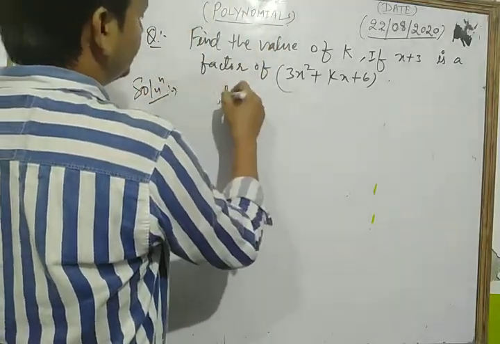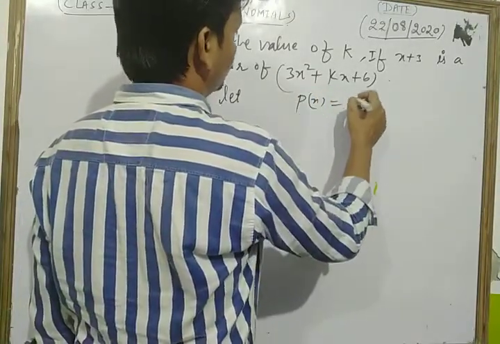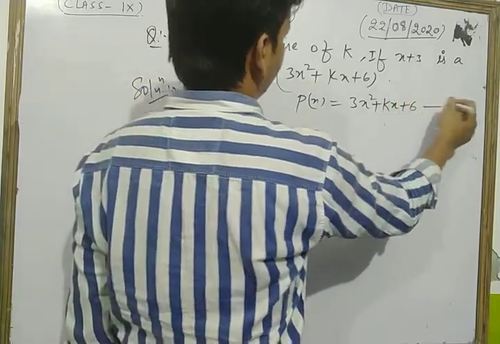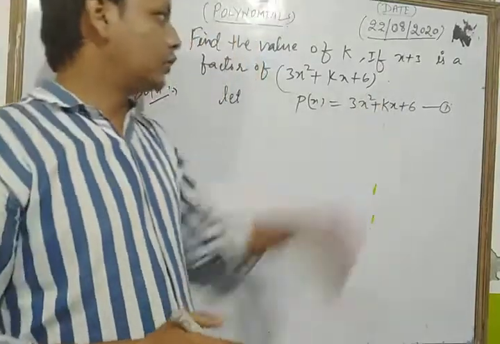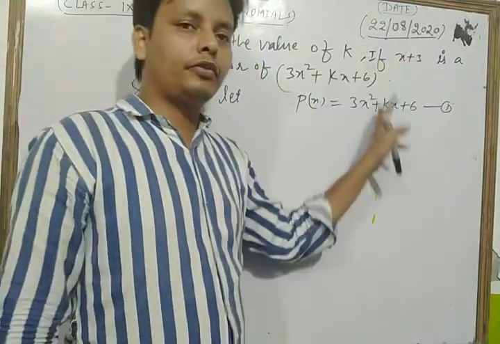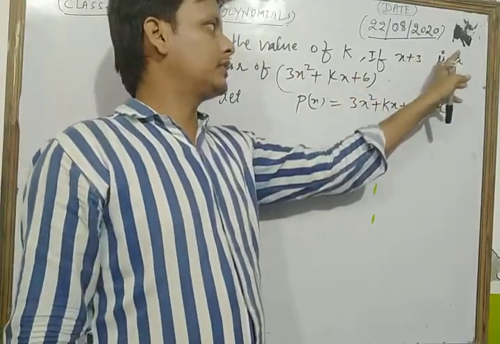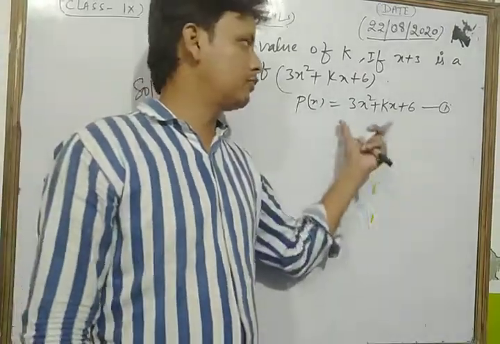First of all, let the given polynomial be p(x) is equal to 3x square plus kx plus 6. Take it as equation number 1. Now according to the question, we find the value of k and x plus 3 is a factor of this. Now, if x plus 3 is a factor of this, then we have p of minus 3 must be equal to 0.